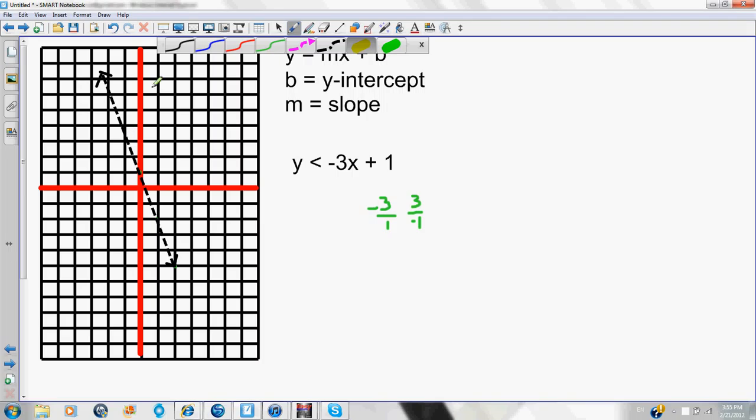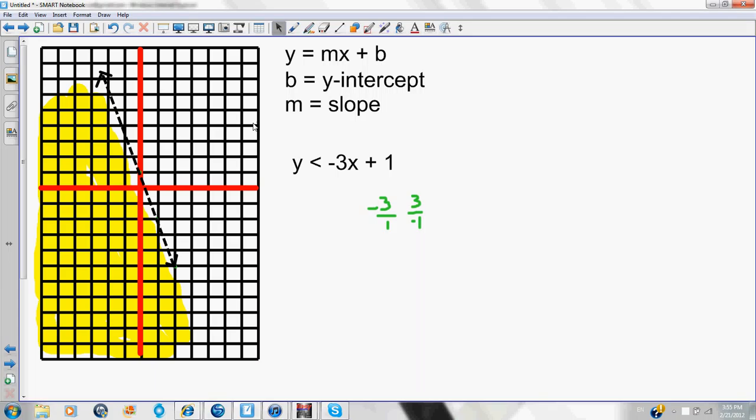This side would be above, this side is below. So that means that if we were graphing this inequality, we would shade this side of the line. And what that means is that anywhere on this side of the line, you will be able to find a point that solves this inequality here.